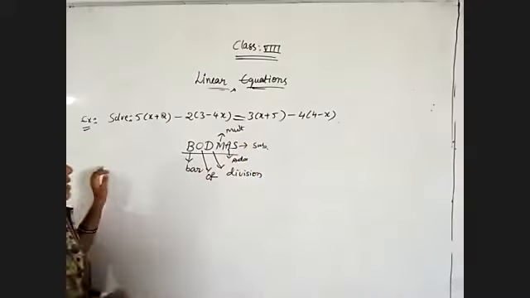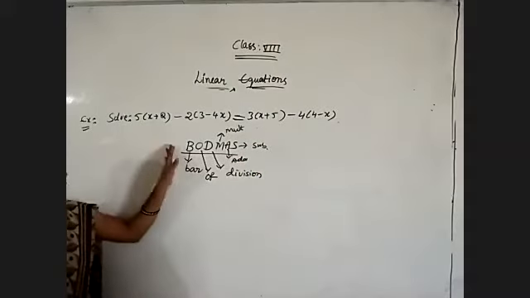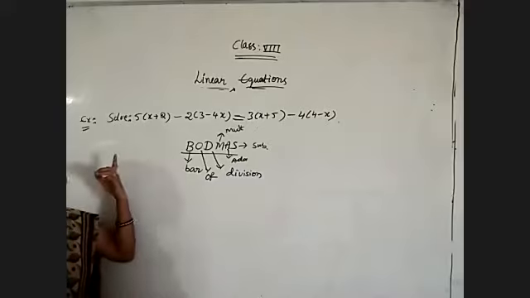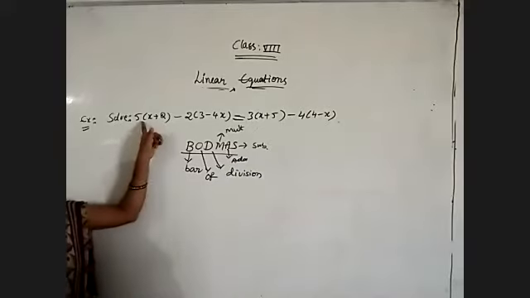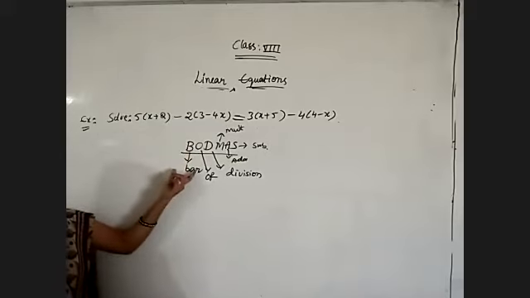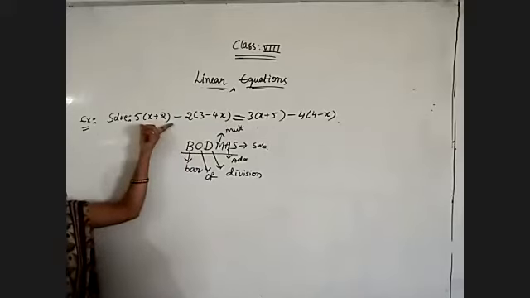So this is the rule. According to this rule we need to simplify the operations when we are getting more than one operation. So this bracket is nothing but a multiplication operation. These brackets are the bar. So first of all we need to simplify the brackets.